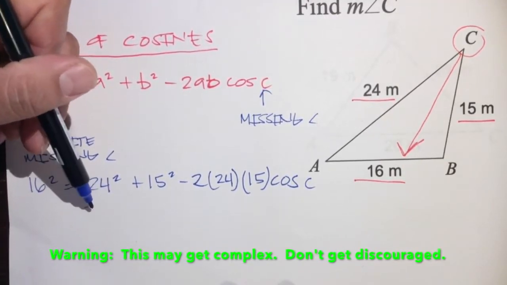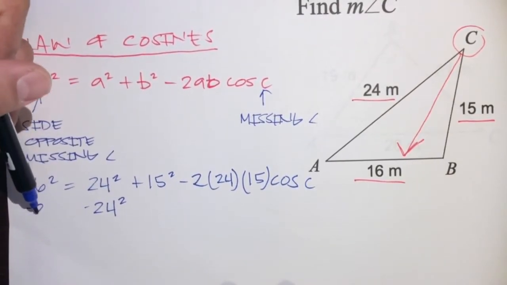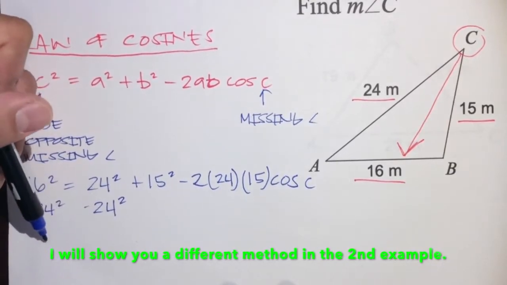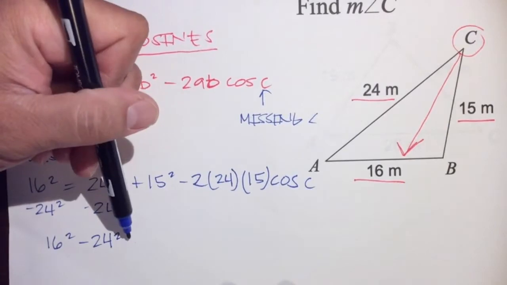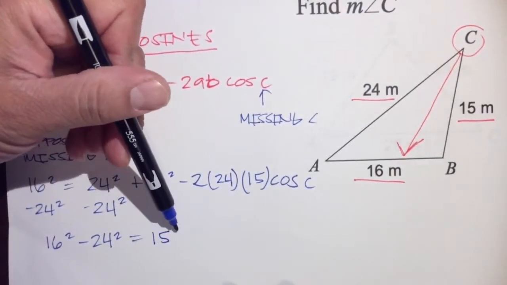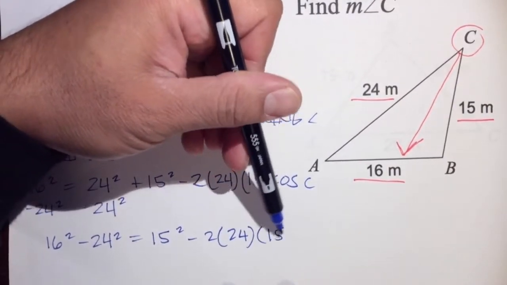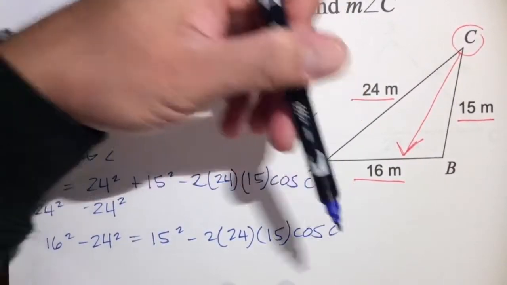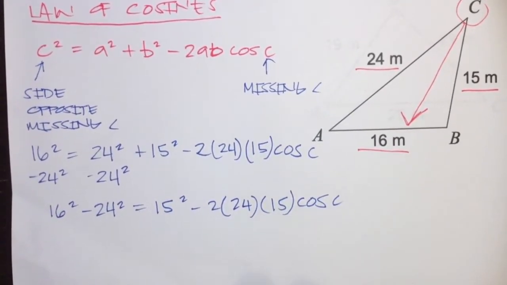So what we're going to do is subtract this 24 squared on both sides. So it'll be 16 squared minus 24 squared is equal to 15 squared minus 2 times 24 times 15 times cosine of C. Is C by itself yet? No. What else can we get rid of?